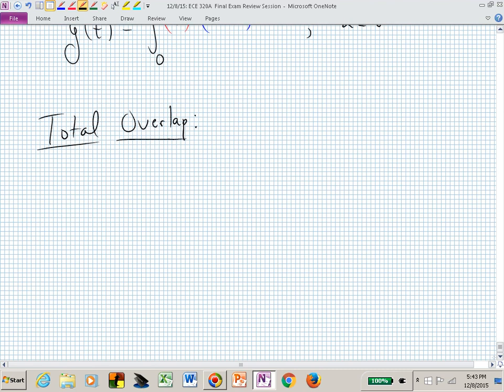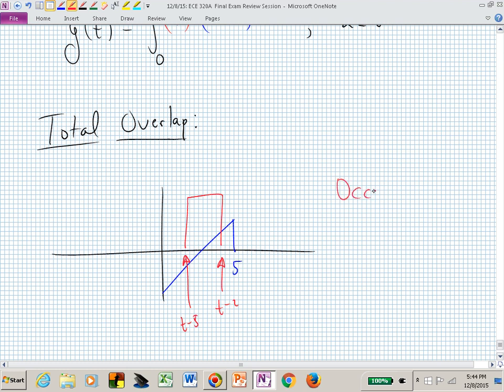That's now going to be beyond 5 and when something else happens, so that we now have this is our x. We now have h. So that this occurs when t minus 5 goes bigger than 0 and t minus 2 is less than 5.